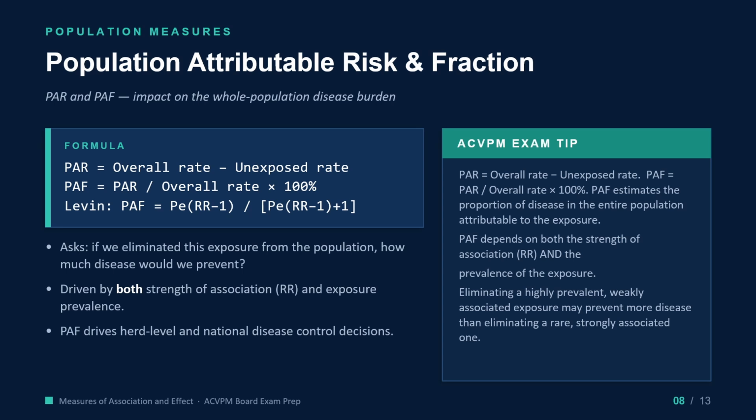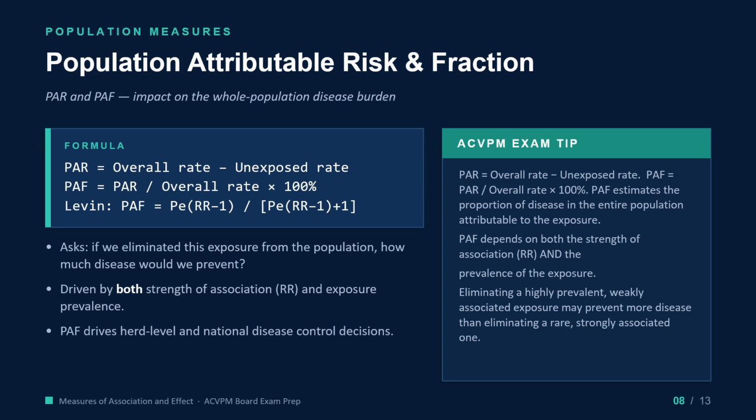It answers, if we eliminated this exposure entirely from the population, how much disease would we prevent? It accounts not just for the strength of the association, but also for how prevalent the exposure is in the population. The formula: PAR equals overall total incidence rate minus incidence rate in the exposed.